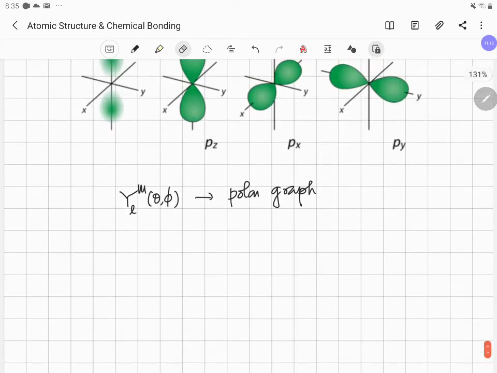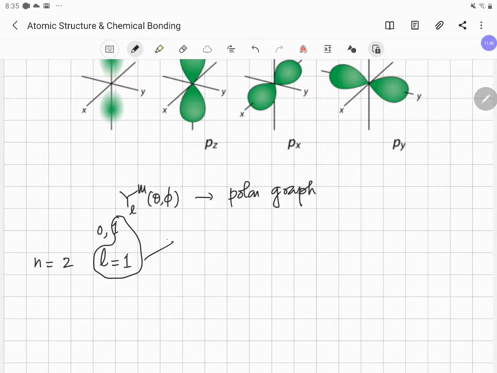We know that for a p orbital, l should be 1, right? It starts from n equal to 2, because for n equal to 2, l can have values 0 and 1. So this 1 corresponds to the p orbital.